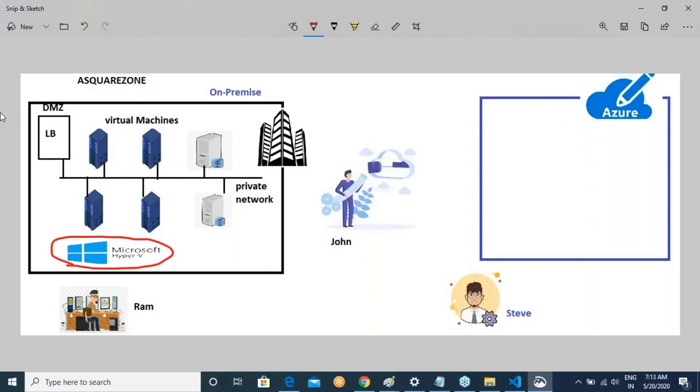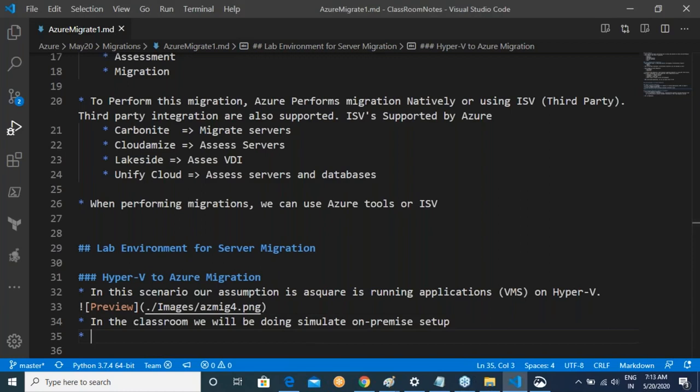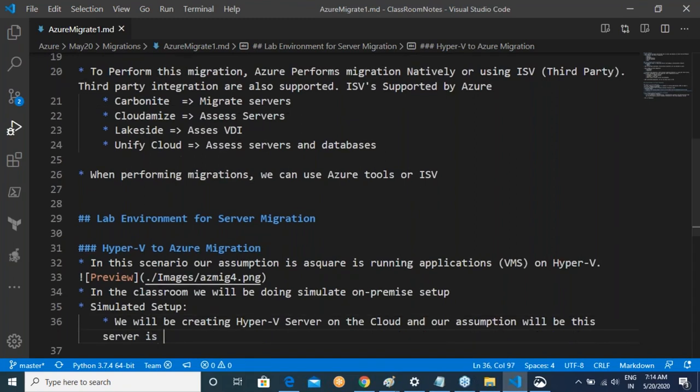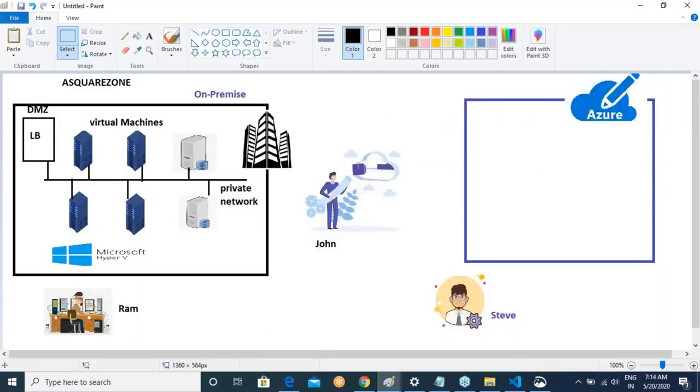So in this simulated setup, we will be creating a Hyper-V server on the cloud itself, and our assumption will be that this server is on premise.